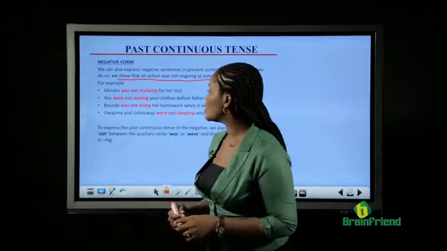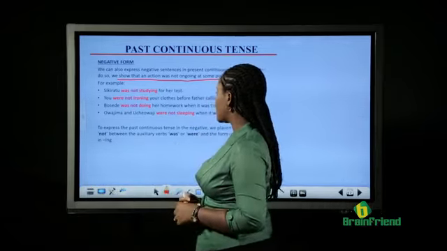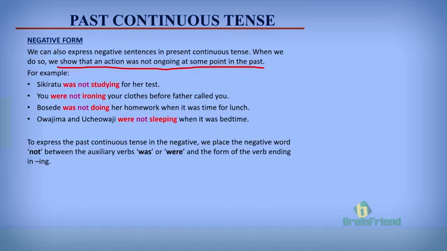Let's look at some examples to further illustrate this. Sikiratu was not studying for her test. What does this sentence mean? It means that the action of studying for her test did not happen in the past.